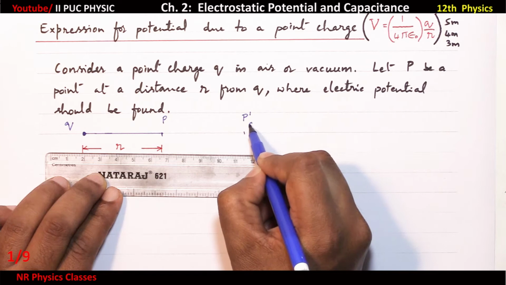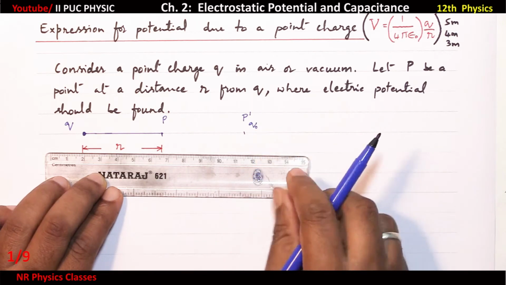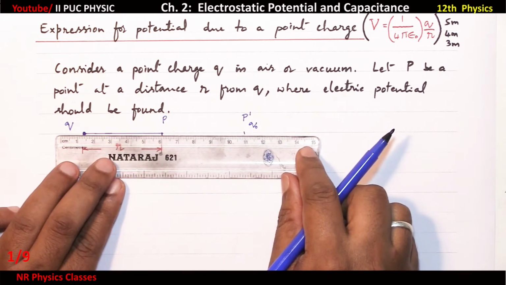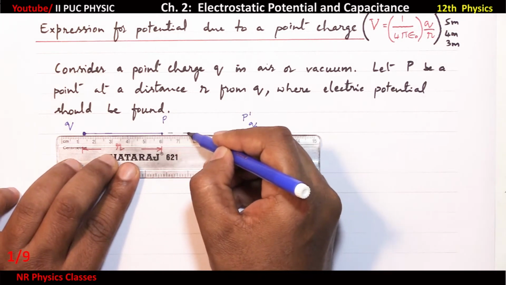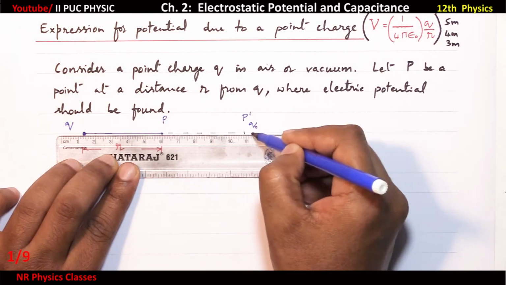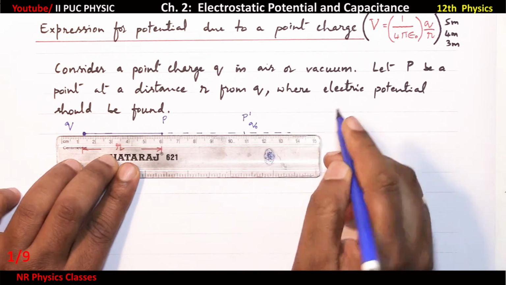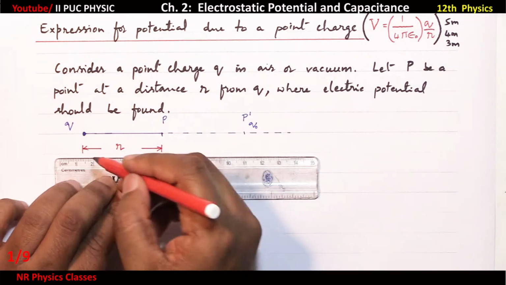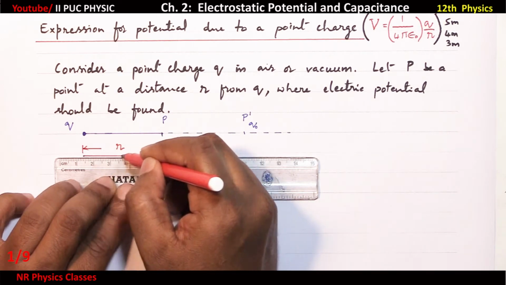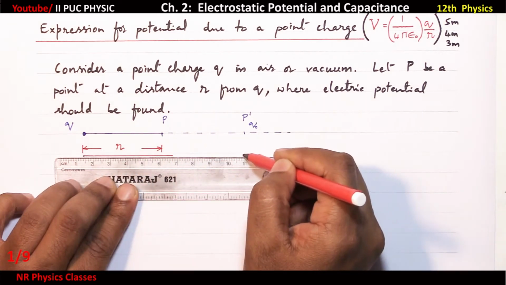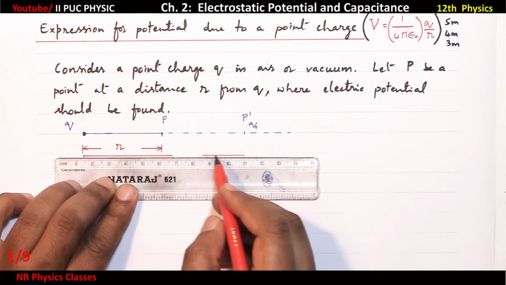Let us keep Q0. This is an imaginary line. This Q0 is at a distance x from the fixed charge. This distance is x.